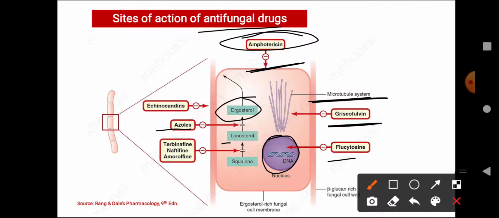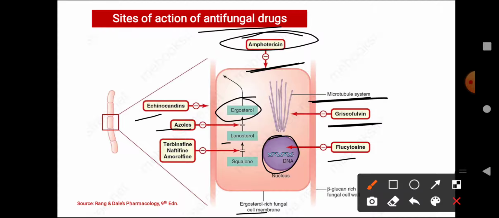Ergosterol is the lipid which is present in the cell membrane. By inhibiting the formation of ergosterol, the cell membrane will disintegrate, leading to the cidal or static effect on the fungus.